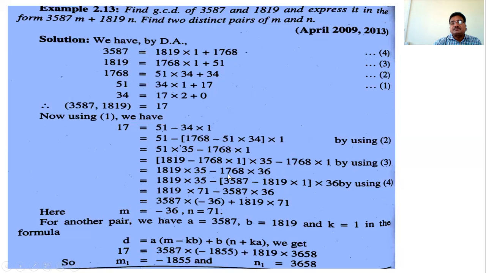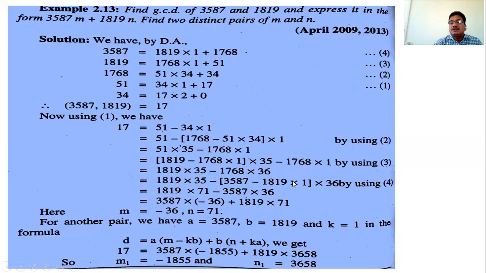So substitute the value of 1768 as 3587 minus 1819 into 1, into 36 as it is, and then 1819 into 35, and minus minus becomes plus 1819 into 36. So 1819 into 35 plus 1819 into 36 becomes 1819 into 71, minus 3587 into 36.